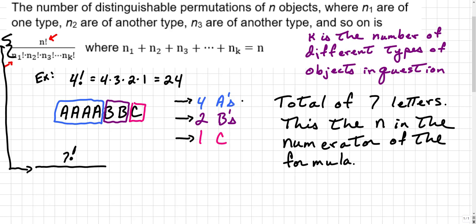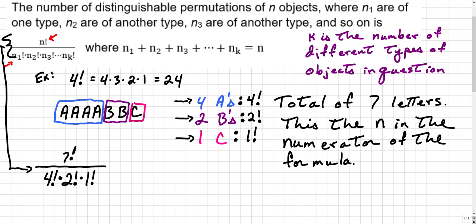So this first group means that I'm going to use 4 factorial, which means 4 times 3 times 2 times 1. So I will put that down here in the denominator. I'm going to multiply that by this second group, which will be 2 factorial, which will be 2 times 1. And then I will multiply it by 1 factorial, since there is only 1 C in this group. When I calculate this all out, this is going to give me the number of distinguishable permutations.